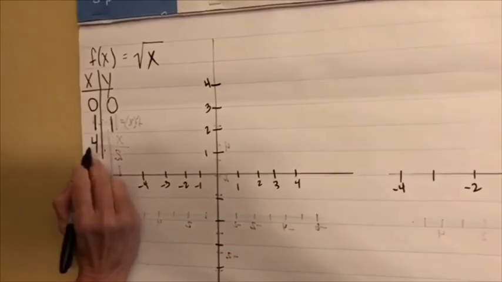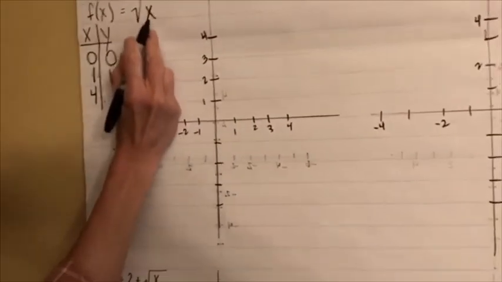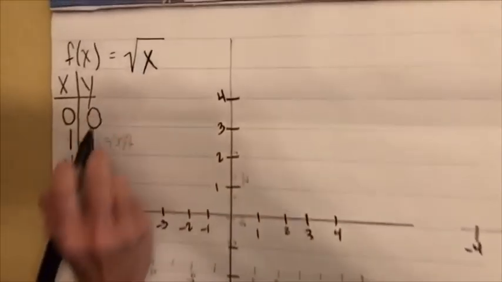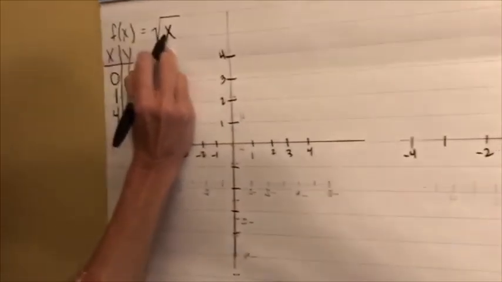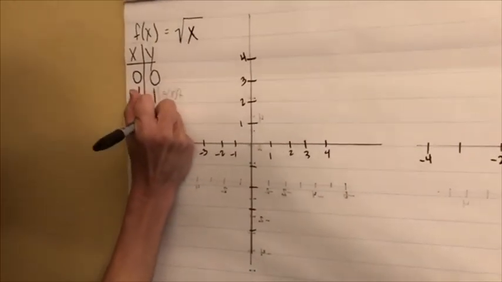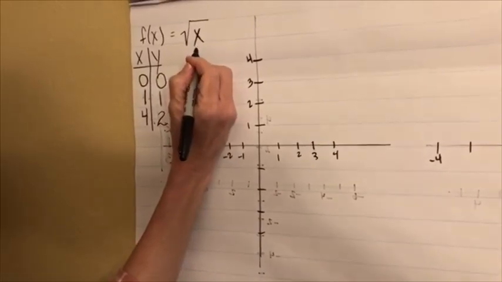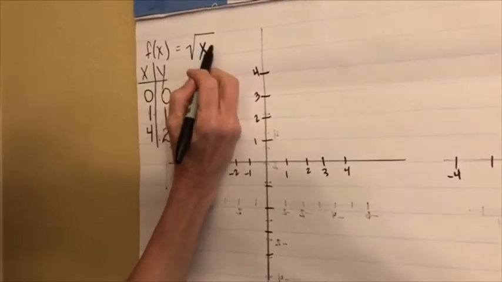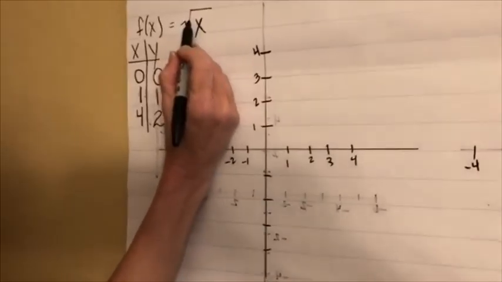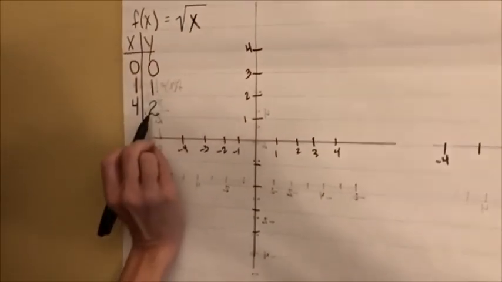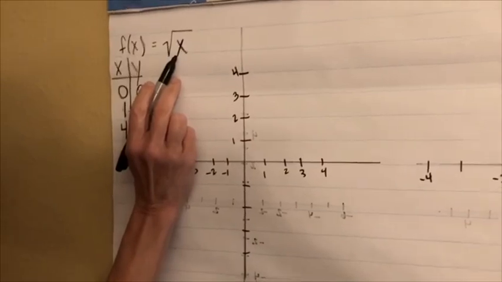Okay, and then I jump to 4. It's pretty obvious why, because it's a perfect square. So when x is 4, y is 2. Okay, why didn't I choose a negative number? Because we're not using imaginary numbers, actually, is why. So we're only going to choose positive values for x.